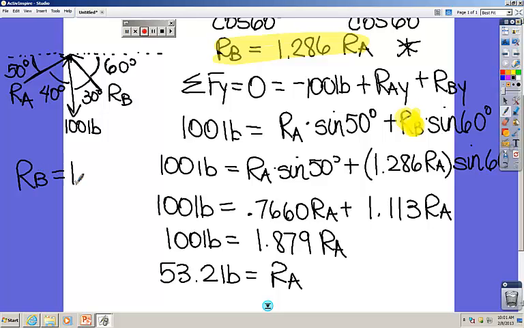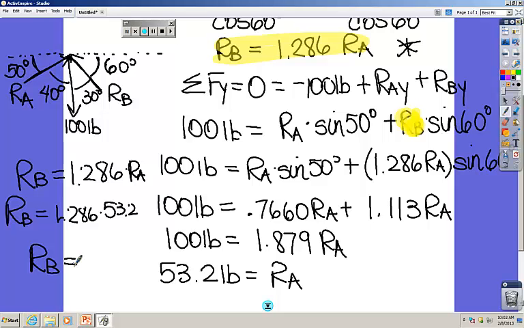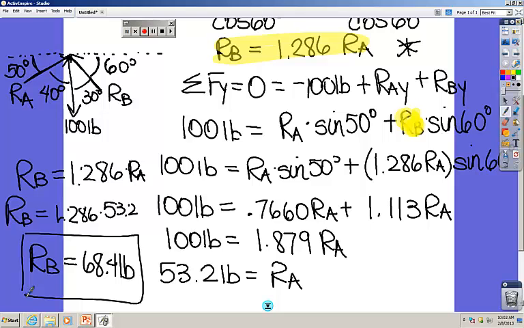So RB is going to be equal to 1.286 times 53.2. So I find that RB is equal to 68.4 pounds. So those are our two final answers.